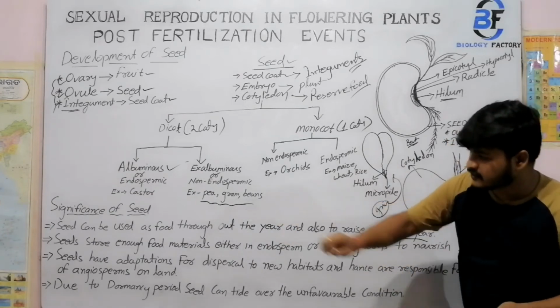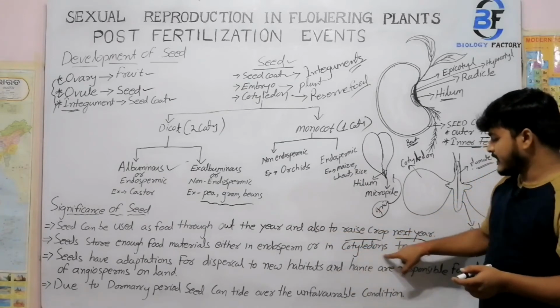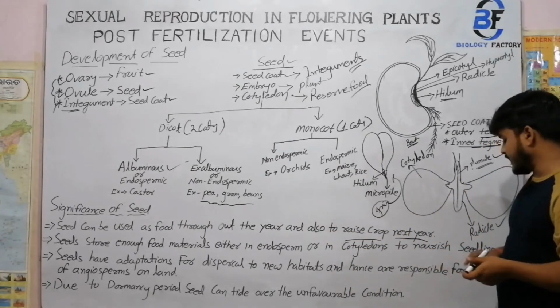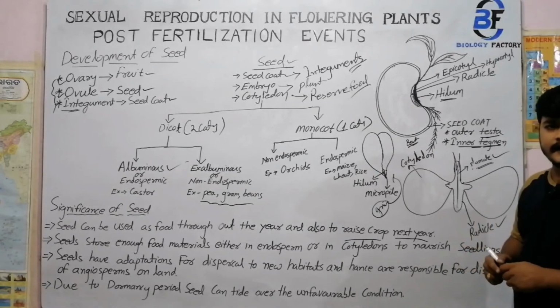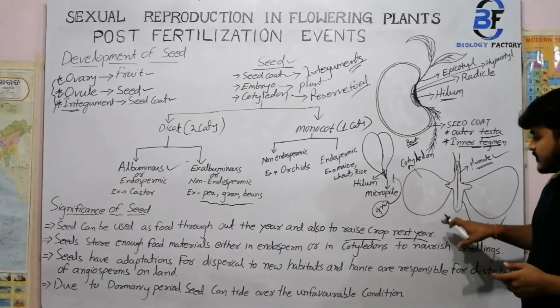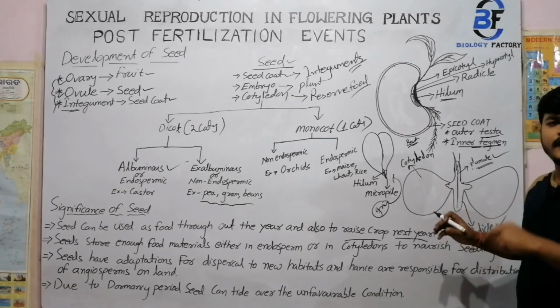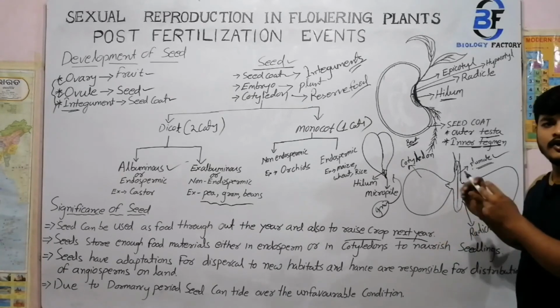In the second point we discuss that the seed stores enough food material, either endosperm or cotyledons, to nourish the seedlings. I told you that this type of seed consists of cotyledons, and the cotyledons contain a number of nutrients for nourishing the plant.